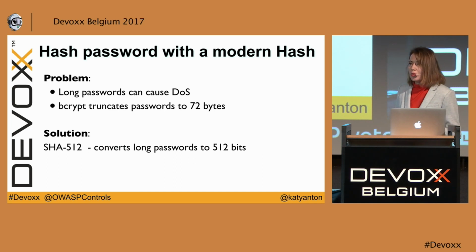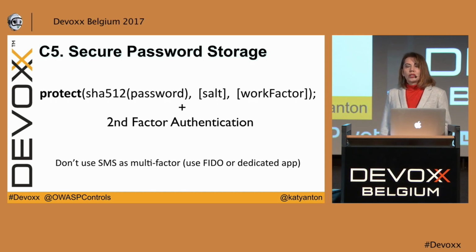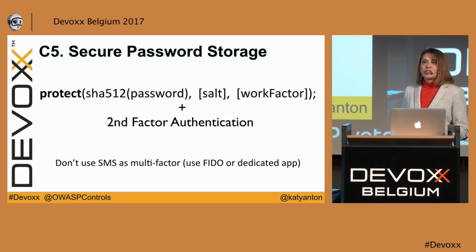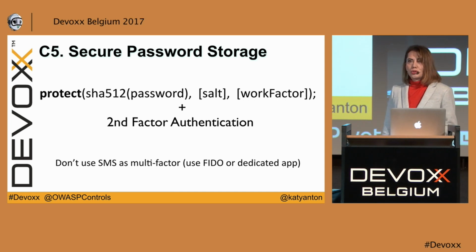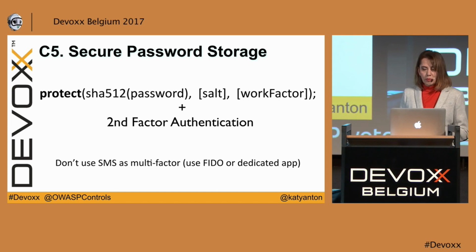So if we are to recap, when it comes to strong password storage, we should use a user-specific salt. To avoid problems like denial of service or truncation, we should hash the password with a modern hash and protect those with a strong cryptographic algorithm like password-based key derivation function 2, bcrypt or scrypt.